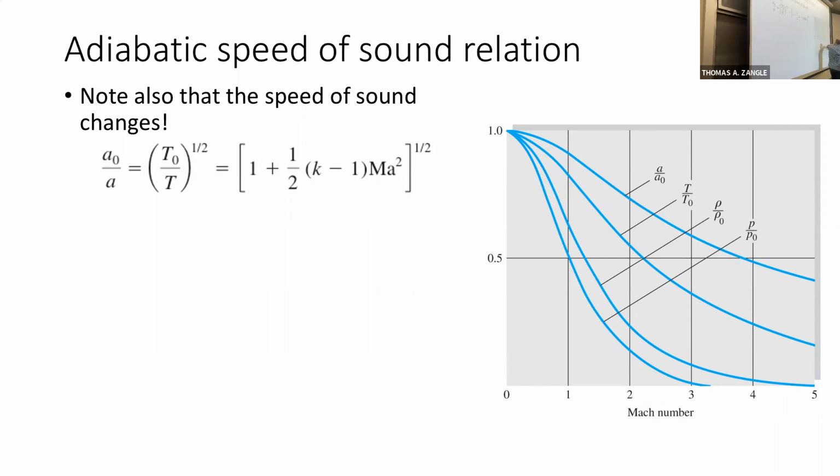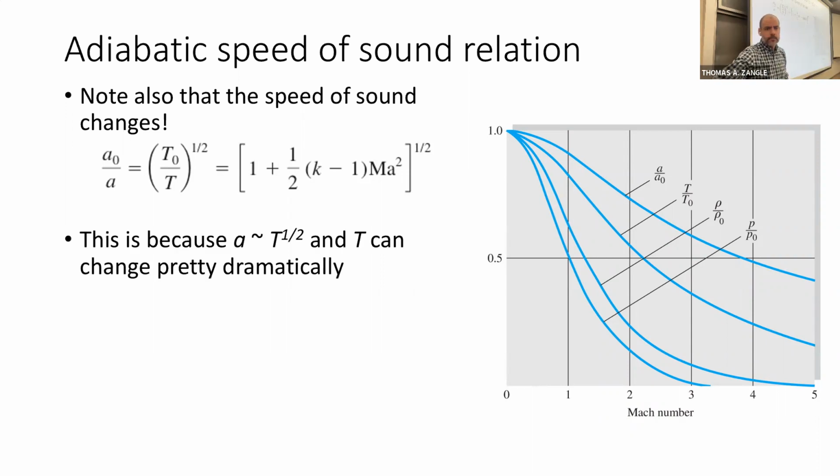It's plotted here as this A over A naught curve, right? Here is T over T naught, what we just discussed on the previous slide. Again, this is because speed of sound goes as about the square root of temperature, and the temperature can vary pretty dramatically within a compressible flow system.